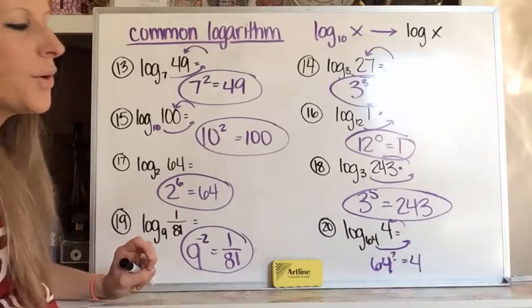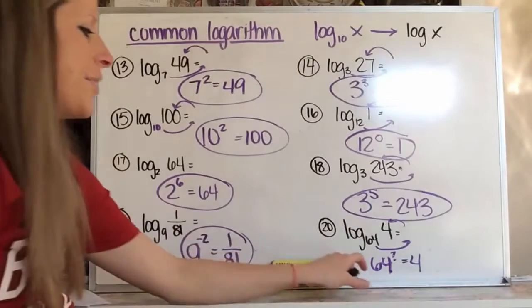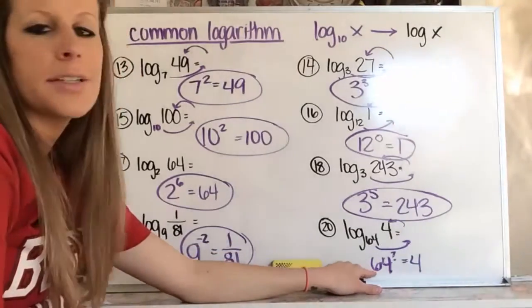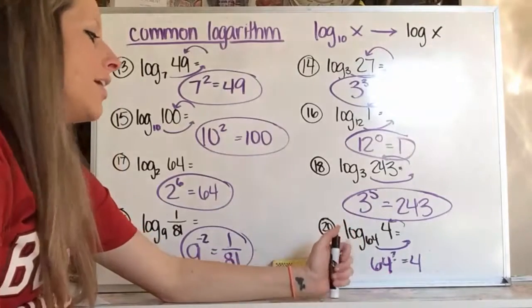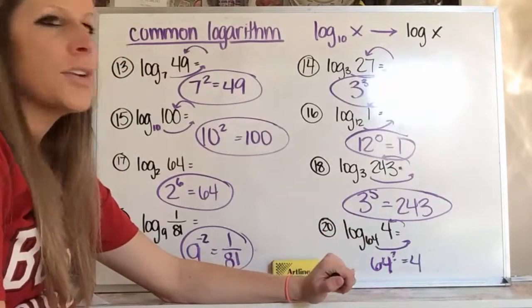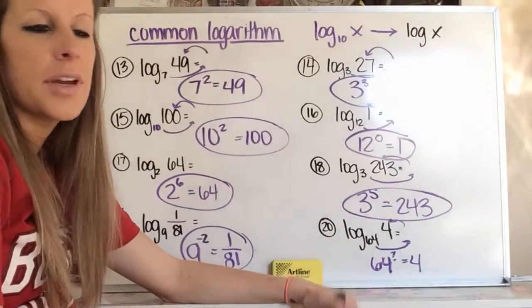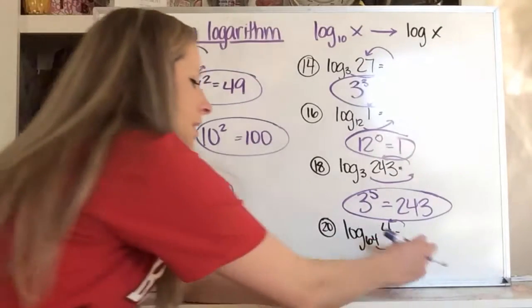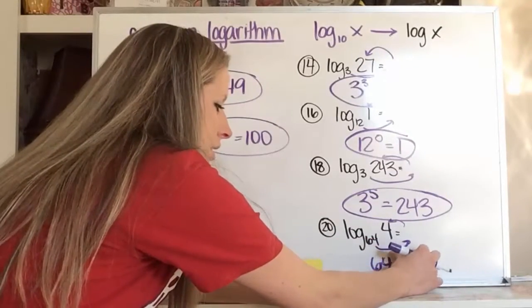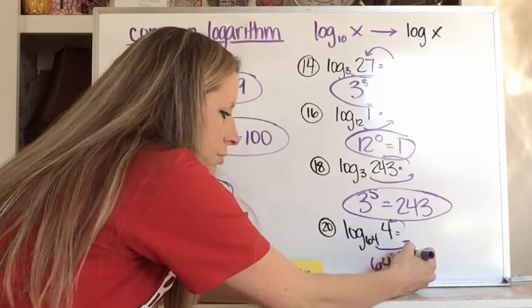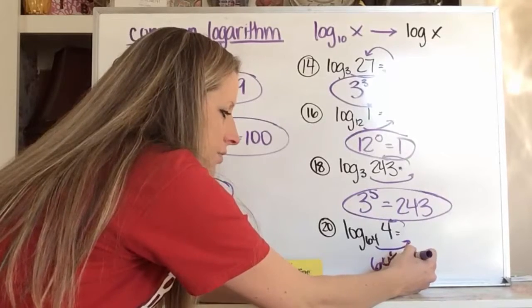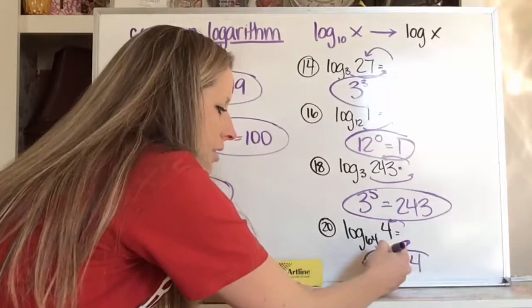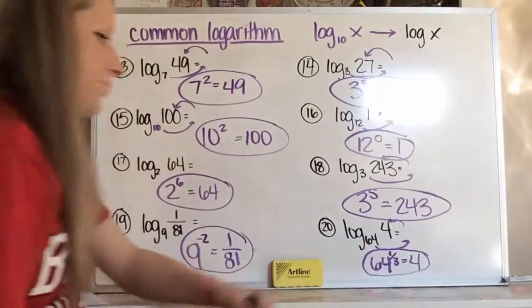Okay, so you see how this base here is bigger than the base over there. That's going to tell you you're going to need a rational exponent, and we've gone over rational exponents before. This should be 1/3. 64 to the 1/3 power gives me 4.